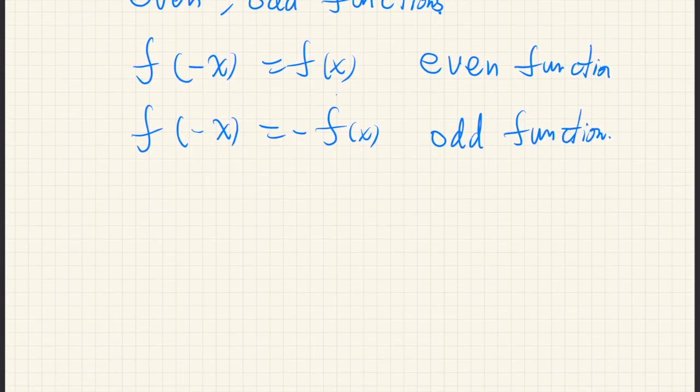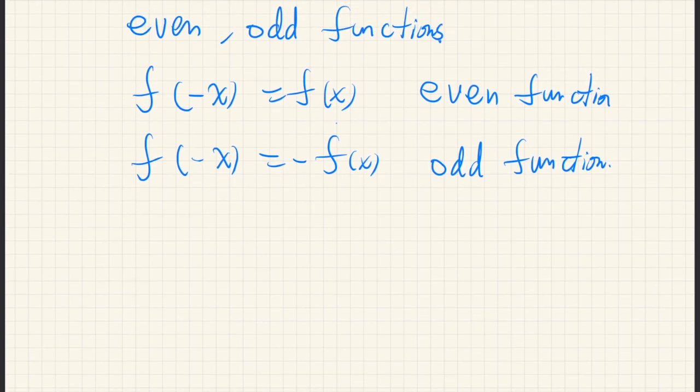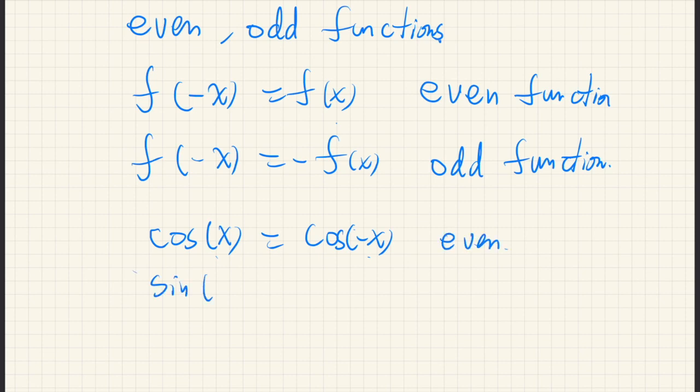So cosine x, is that even or odd? As we have seen, this is an even function. Cosine of negative x is equal to cosine x, so cosine is even. And sine x is an odd function. Sine of negative x is equal to negative sine x, so it's an odd function.